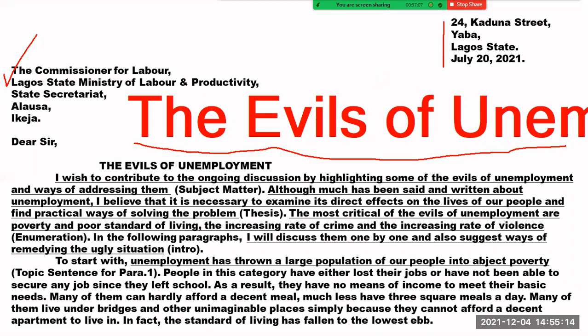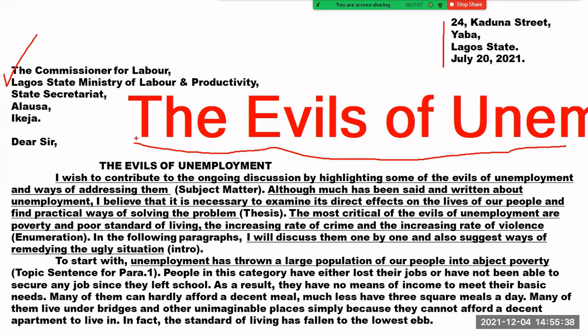And you look at this, this is a combination of small letters and capital letters. If you use this method, you have to observe some rules. Rule number one, the first word in the title must begin with a capital letter. And that's why we write T with a capital letter.